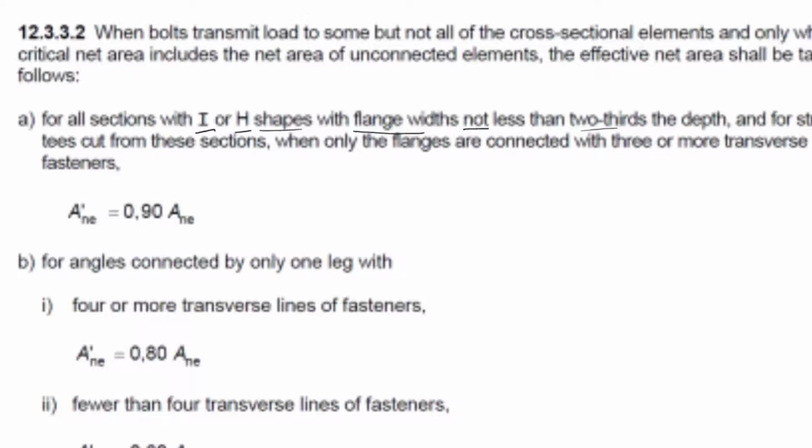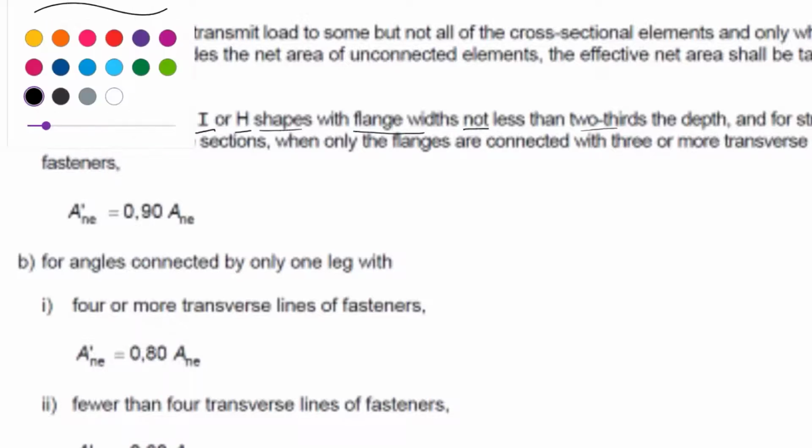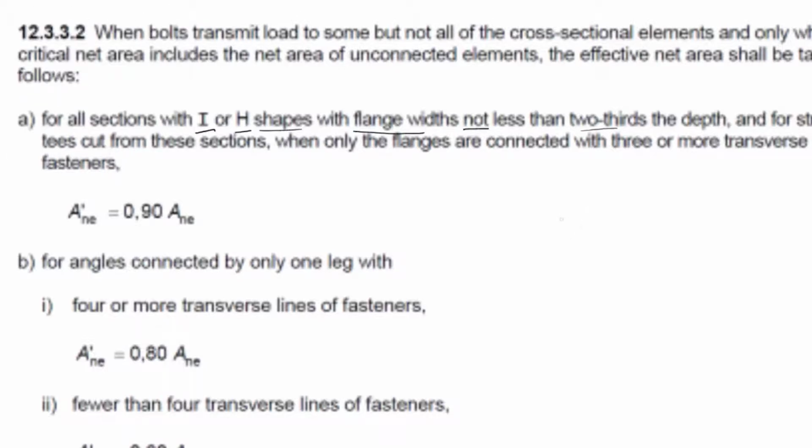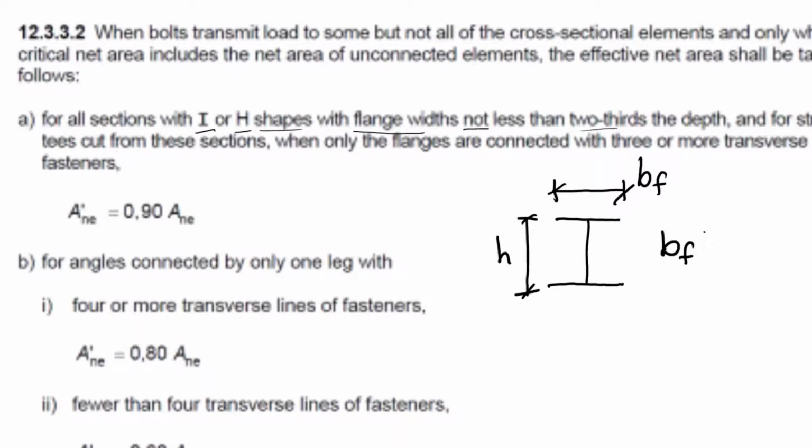That was a whole bunch of clauses, but to simplify it, if you have an I-beam or H section with a width of BF and a height of H, the breadth of your flange needs to be greater than or equal to 2/3 of the height.